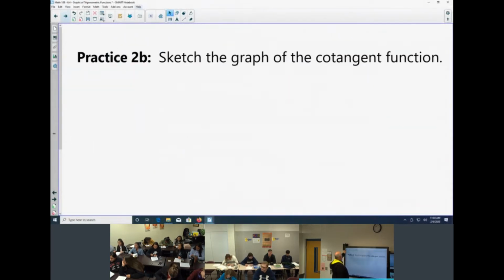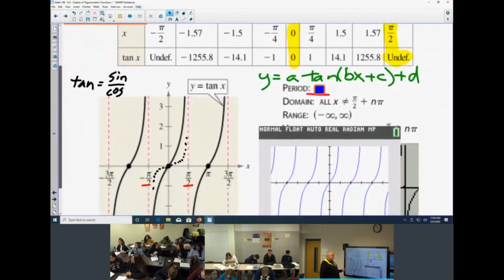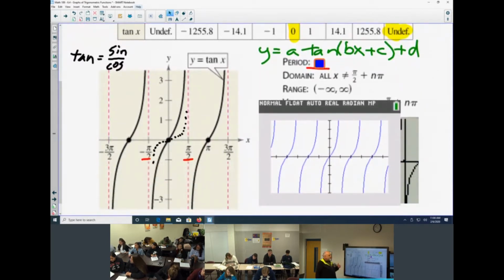All right, so now, the graphs of the tangent and cotangent. Remember, tangent is sine over cosine. And so wherever the cosine is 0, you're going to have a vertical asymptote. So at negative pi halves, 3 pi halves, when you add pi to it, the cosine is going to be 0, so that causes a vertical asymptote.